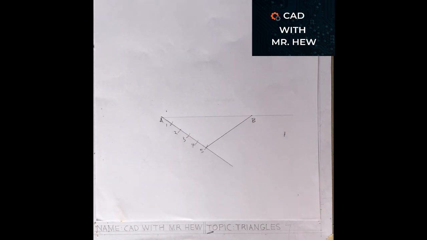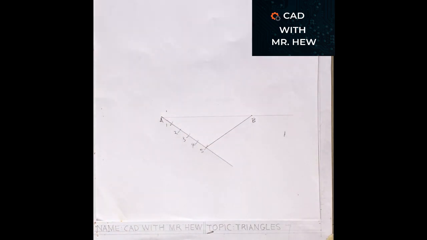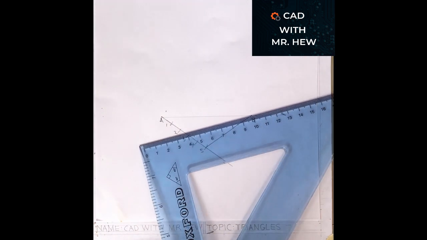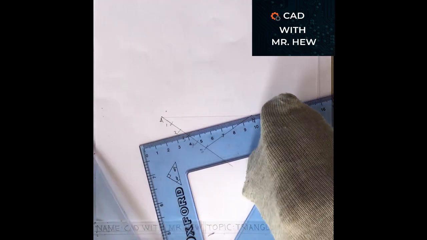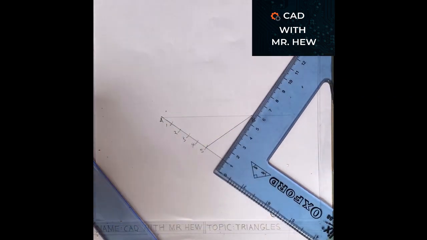Then we're going to get a set square, any one of them. We're going to align the smaller set square on the line 5B.